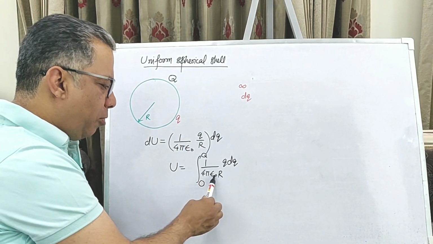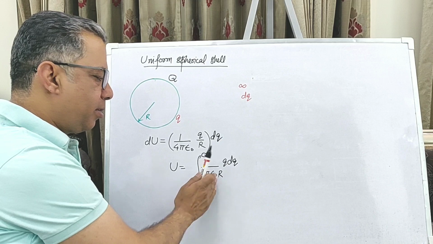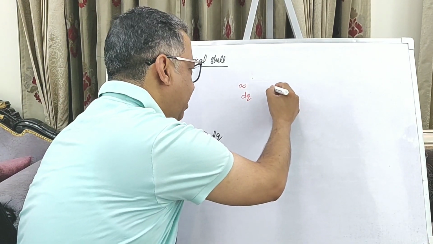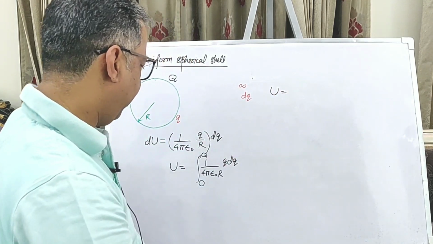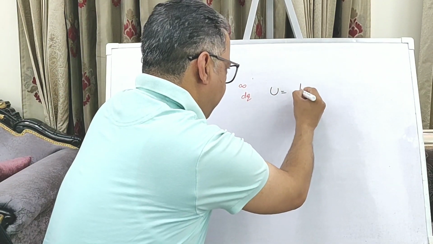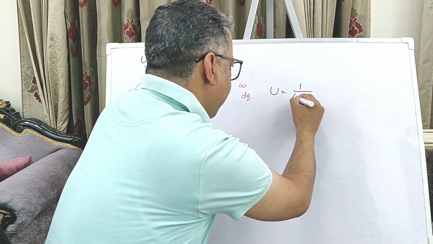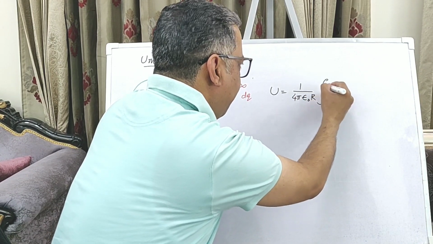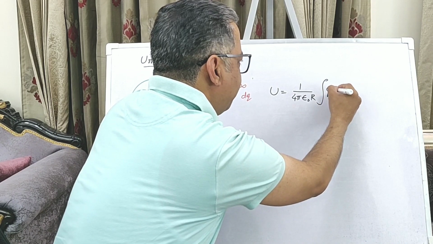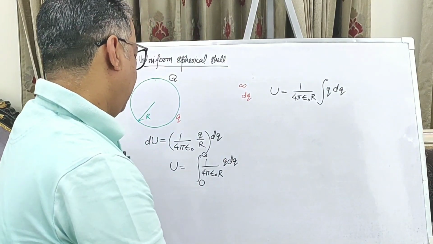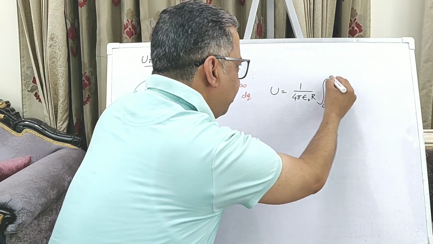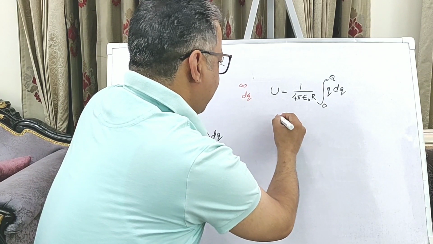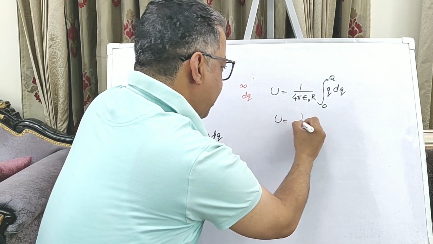Now 4 pi epsilon naught and r are constants, so they move out of the integration process, and we calculate U therefore as 1 by 4 pi epsilon naught r and the integral of q dq from 0 to Q. Now that integral is easily evaluated.